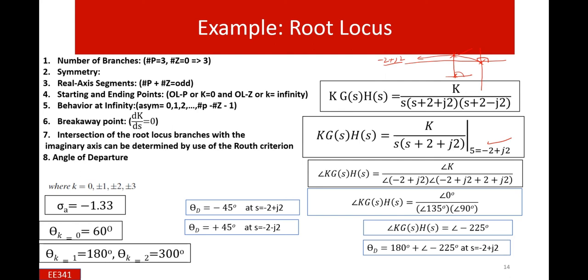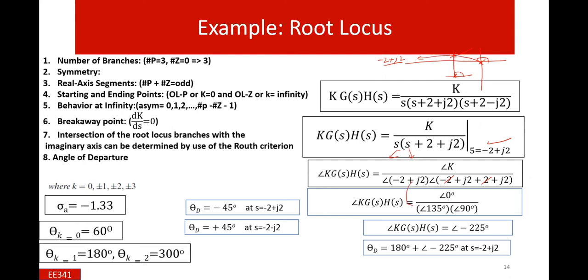We are not talking about the magnitudes. So if we put s is equal to -2 plus j2, and similarly if we put this one, then this 2 and this plus 2 and -2 will be cancelled out, and it is j4, and similarly this is something -2 plus j2.